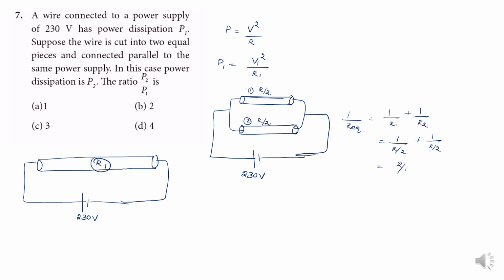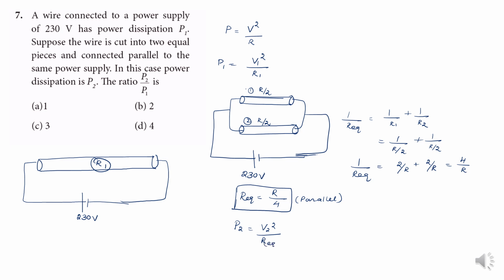This is 2 by R plus 2 by R, which is 4 by R. This is 1 by R equivalent. So R equivalent is equal to R by 4 for the parallel combination. Again, P2 is equal to what? V2 square by R equivalent, which is V2 square by R by 4.